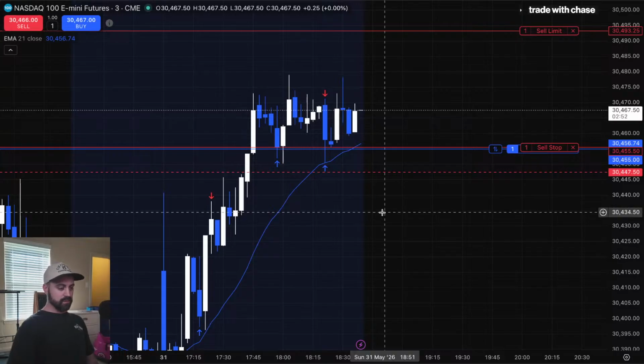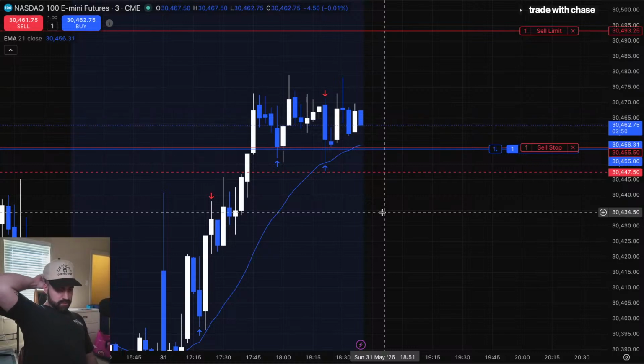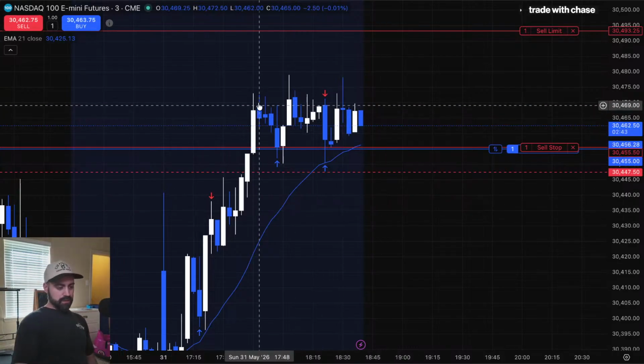Well, what's it going to do? It's just going to rotate back and forth in this little zone here.